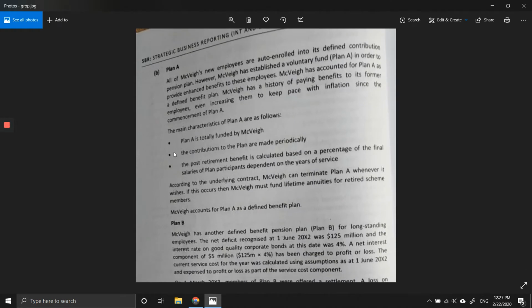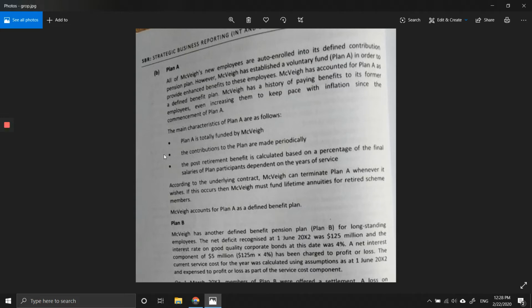Plan A. All of McVeigh's new employees are auto-enrolled into its defined contribution pension plan. However, McVeigh has established a voluntary fund in order to provide enhanced benefits to its employees. McVeigh has also accounted for Plan A as a defined benefit plan. McVeigh has a history of paying benefits to its former employees, even increasing them to keep up with inflation. Since the commencement of Plan A, the main characteristics are as follows.